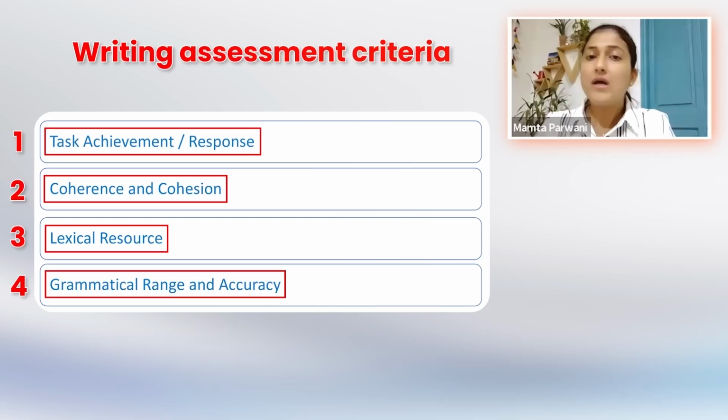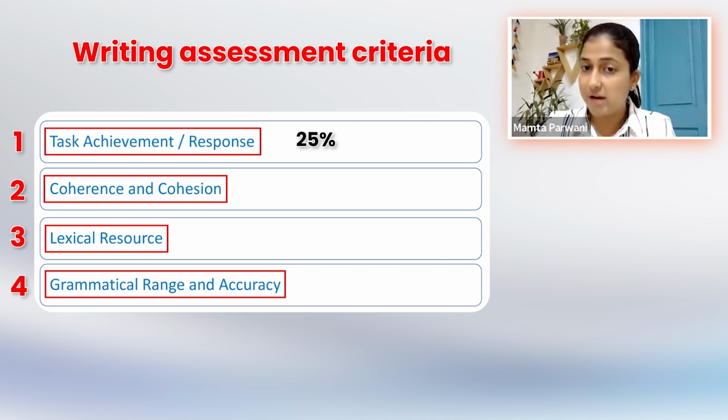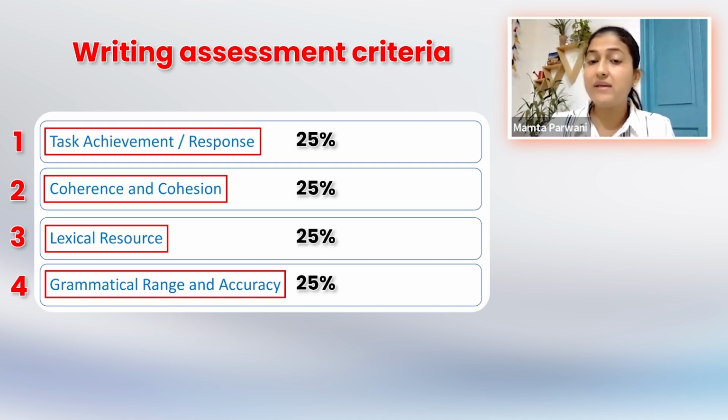So far, we need to understand how the band score is calculated for writing, correct? Understand this now. Each criterion will have an equal weightage of 25%. That means each criterion is equally important.